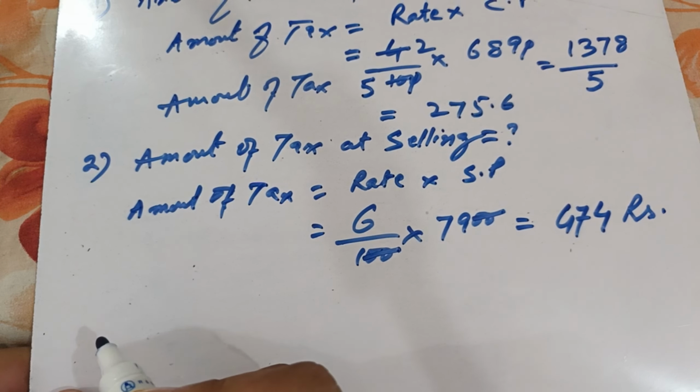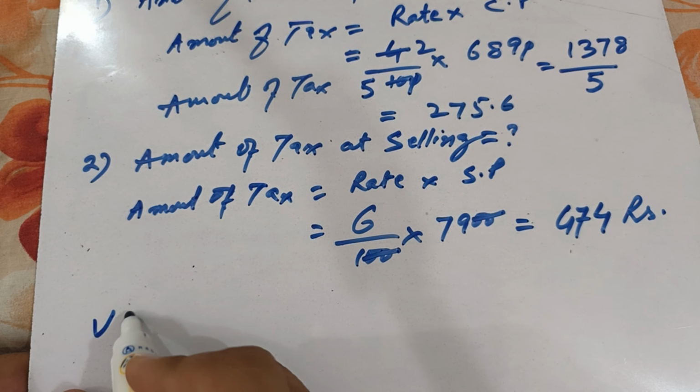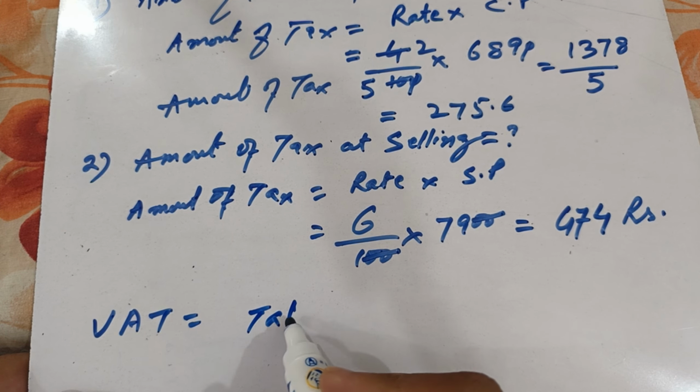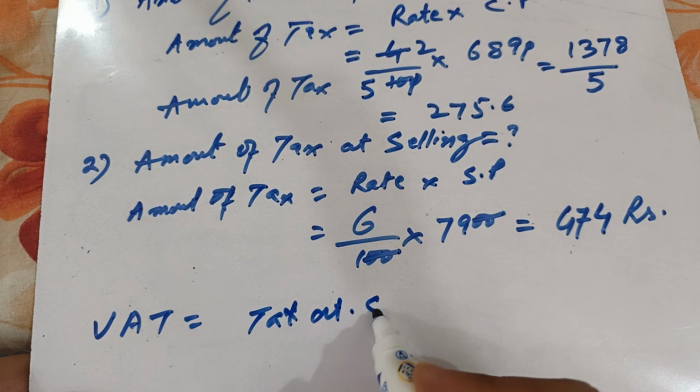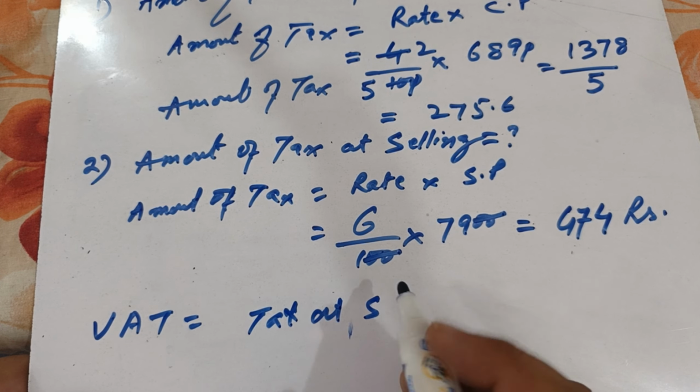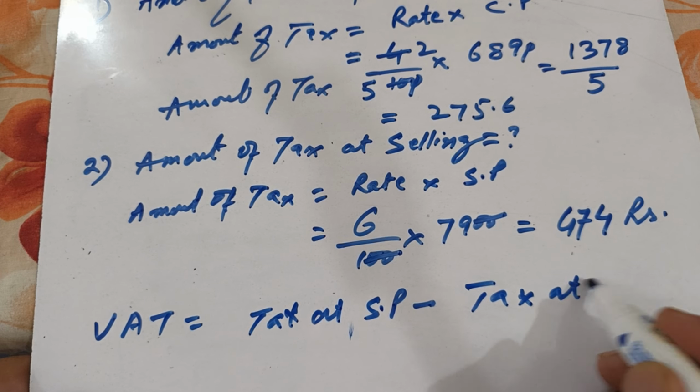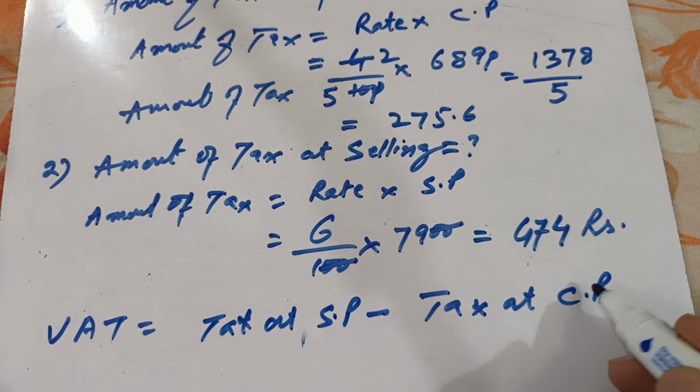Now we find VAT. VAT is equal to tax at SP minus tax at CP.